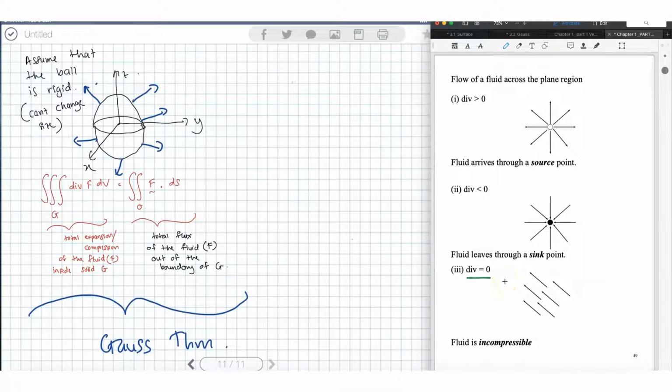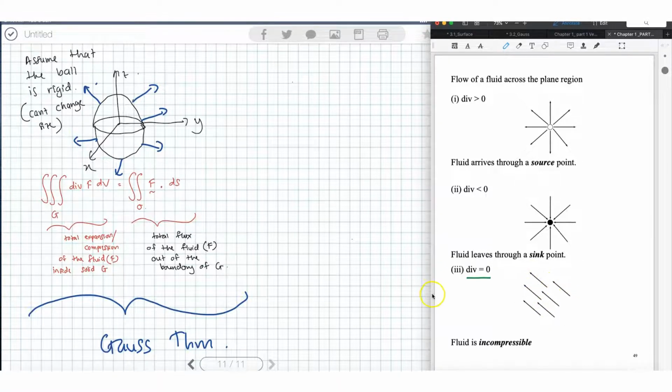That is the property of the incompressible, where the divergence of the given vector field is 0. It is not diverging, and it is not converging. So the flow of the gas or the fluid is in the same direction.